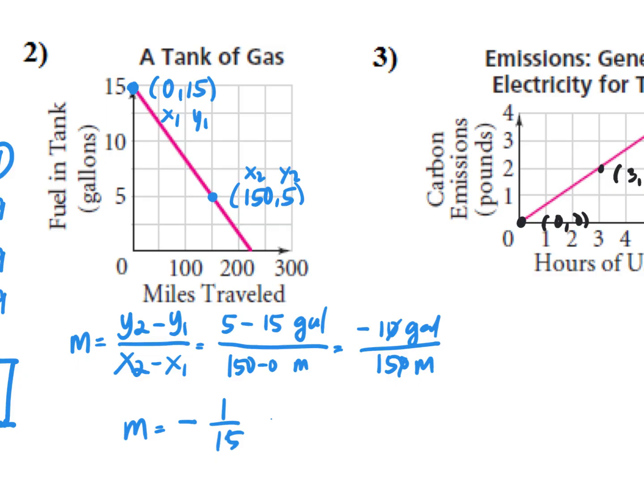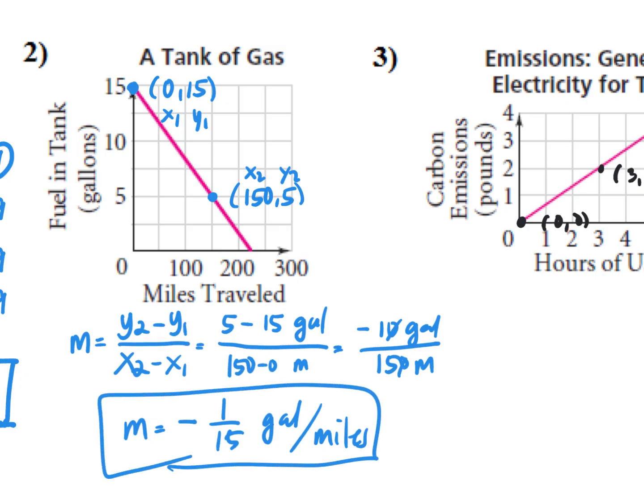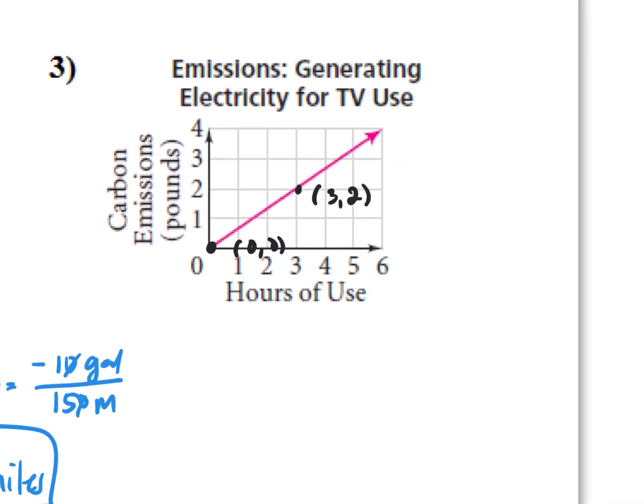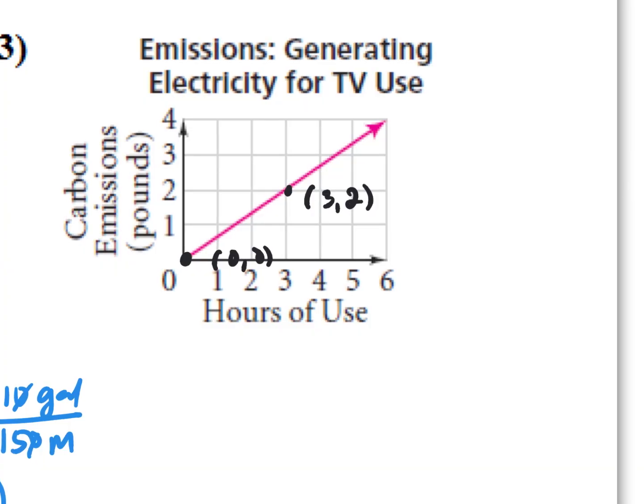This is gallons per mile. Okay, so what does this mean? It means that there is a decrease of 1 gallon per 15 miles. That's what it means.